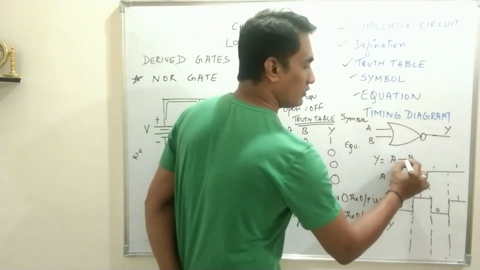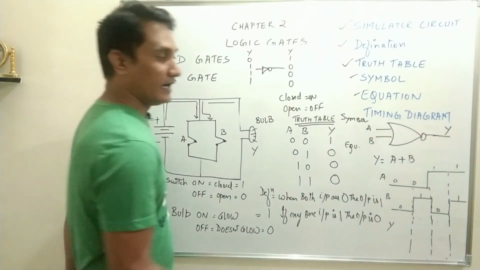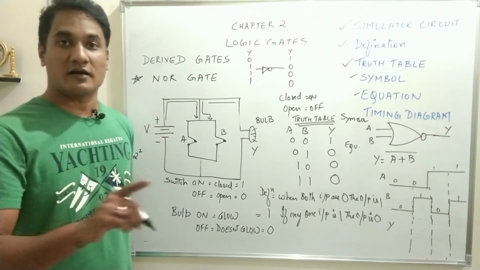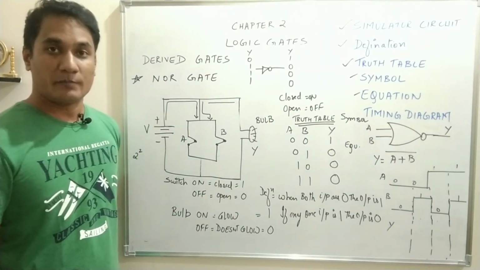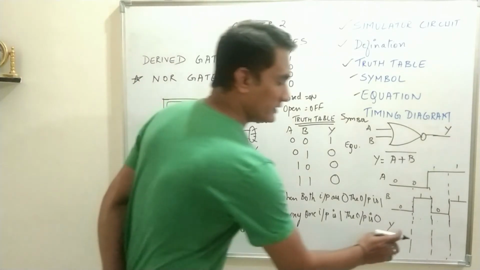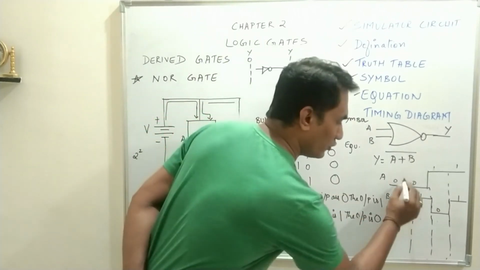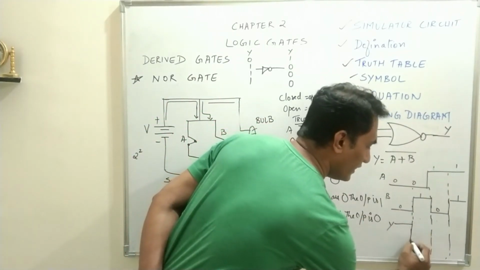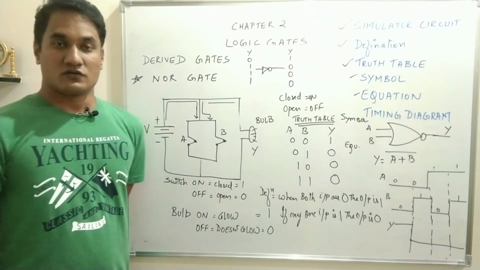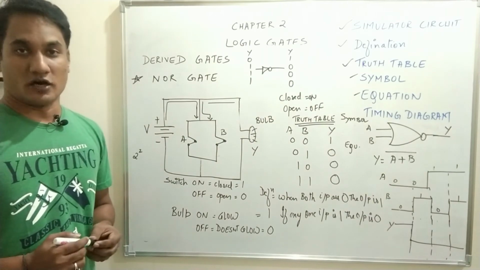Equation Y is equal to A plus B. A plus B indicates OR operation, and if you draw a complement over it, A plus B whole bar, that is the complete complement, it will be nothing but NOR gate. And what will be the timing diagram? 1 0 0 0. So when both the inputs are 0, the output will be 1, and for all other conditions the output will remain 0. So that is the second of the derived gates, that is NOR gate.